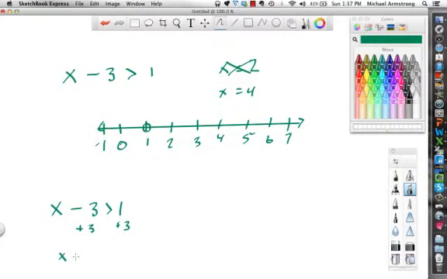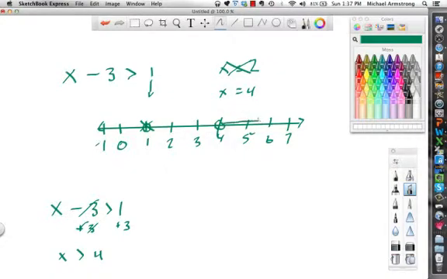So x is greater than whatever 1 plus 3 is. See, minus 3 and plus 3 kind of get canceled out. But 1 plus 3 becomes 4. So x has to be greater than 4, which means that I don't need this place, which is the 1. I need this place. It has to be greater than 4. And we kind of saw that as we worked through it.